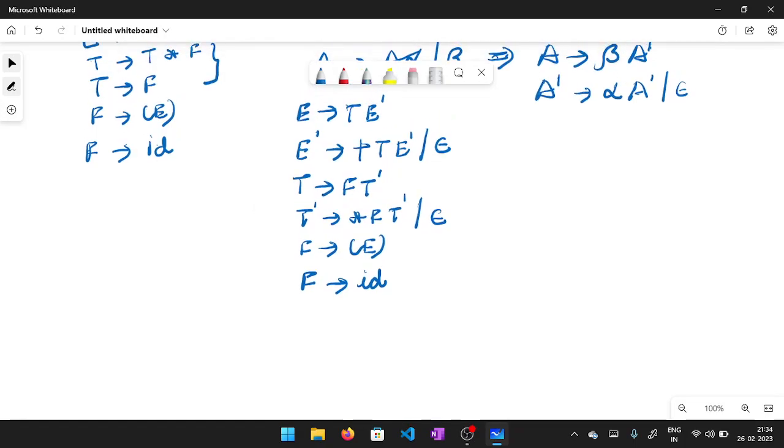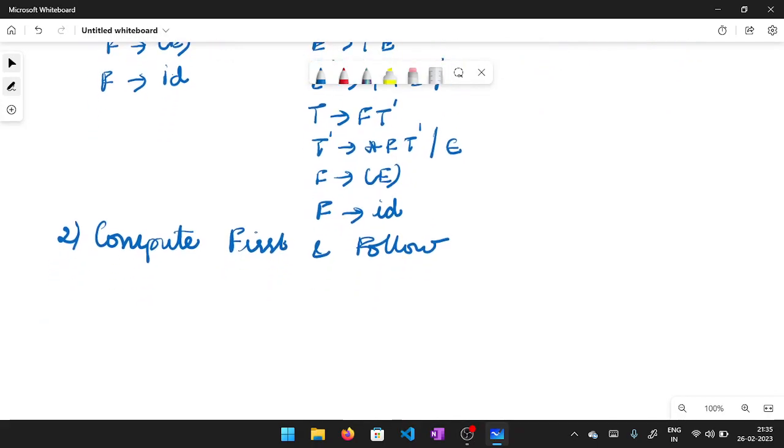So let me compute. Second step is I should compute first and follow. Okay, so to compute first and follow, first let us write the table.